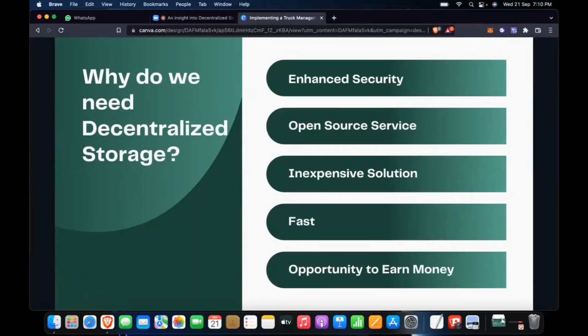It's very fast as compared to the centralized server. Within seconds, you get the IPFS hash of the file you have stored. And also, if you become one of the nodes in those decentralized secure networks, you get the opportunity to earn money.